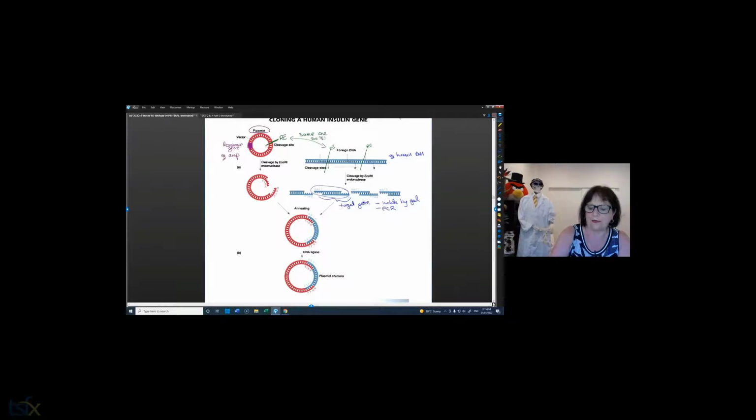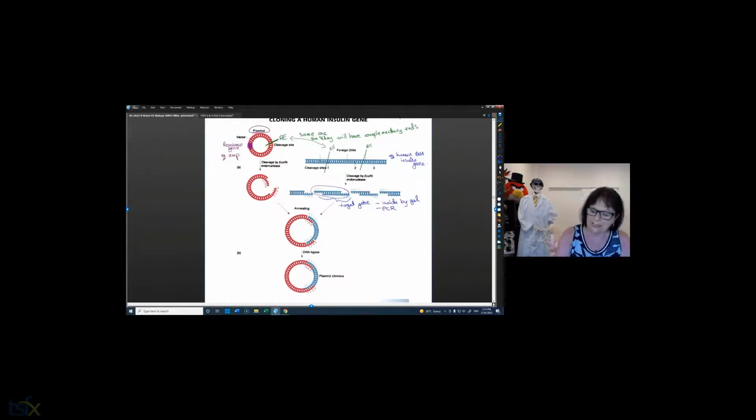And this is so they will have complementary ends. Because we're using the same restriction enzyme, it's going to cut at the same sequence, and therefore when it's cut, the sticky ends in this example will match what the sticky ends are on our human DNA, and our example is insulin.